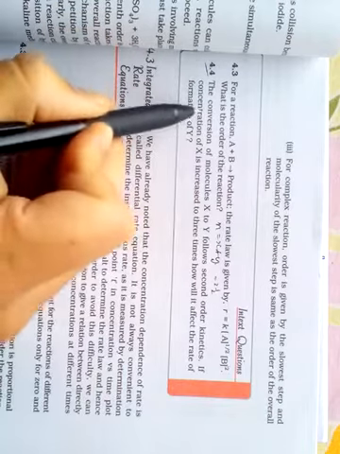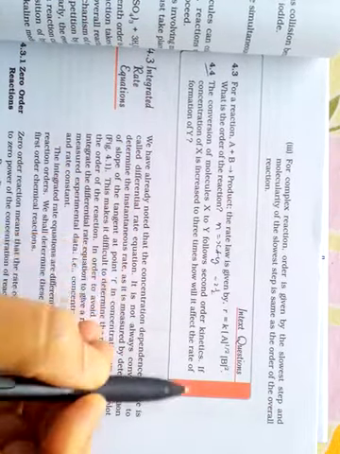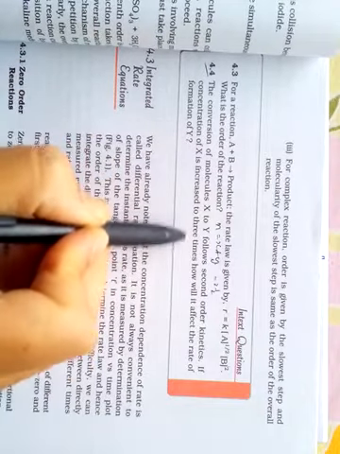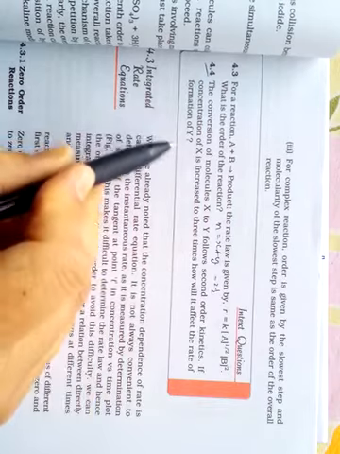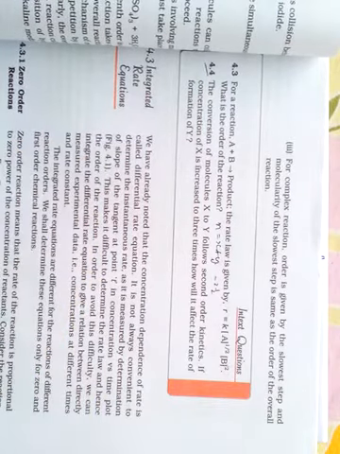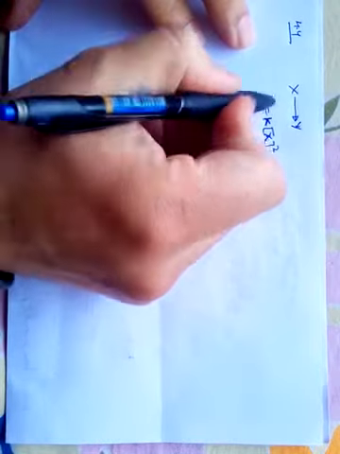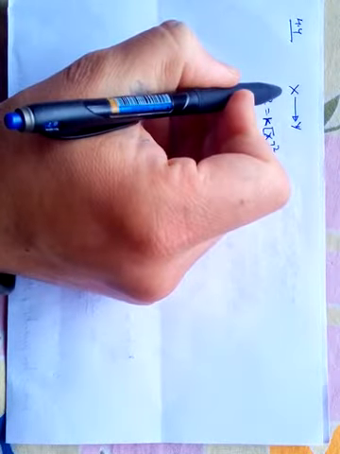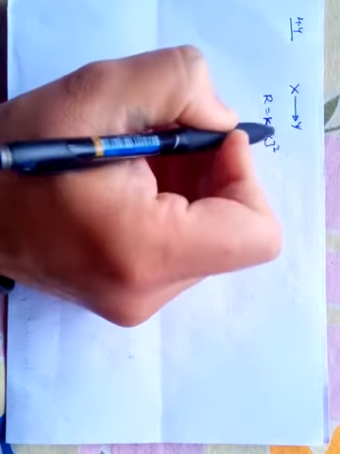Next is number 4. It says that the conversion of the molecule X to Y follows a second order reaction. If the concentration of X is increased by 3 times, how will it affect the rate of formation of Y? We'll solve this one. According to the question, X is converting into Y. X is the reactant, Y is the product.